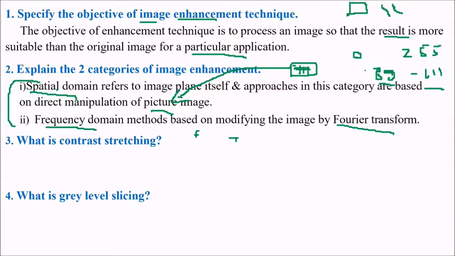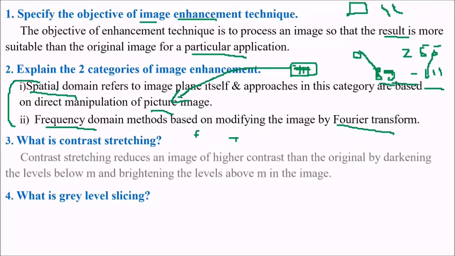You're not able to see a clear picture. You can enhance it. You can take 69 to 0, 111 to 255. This is a possibility. You can enhance the level or increase the level. So contrast stretching is producing an image of higher contrast than the original by darkening the levels below and brightening the levels above, like this. You are making it more towards zero and making it more towards white.